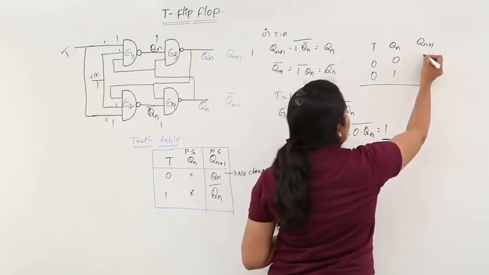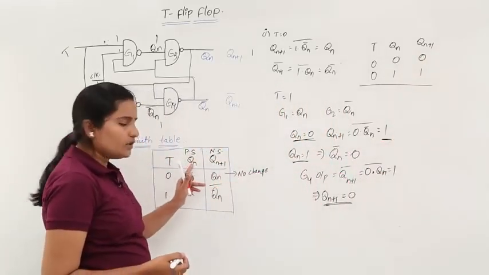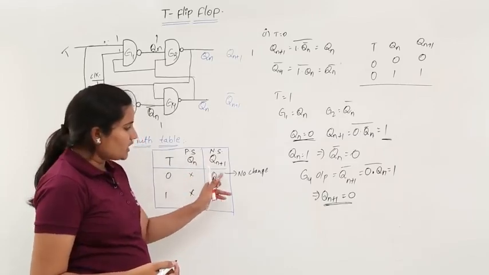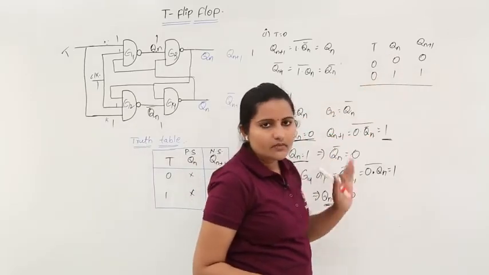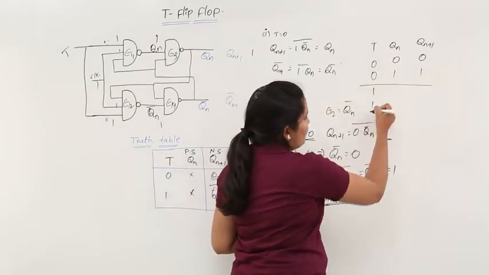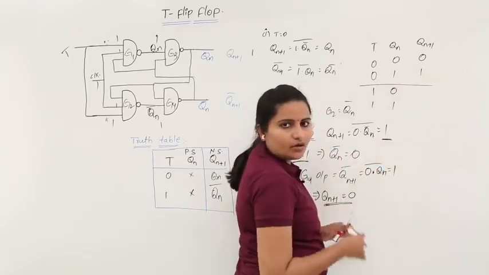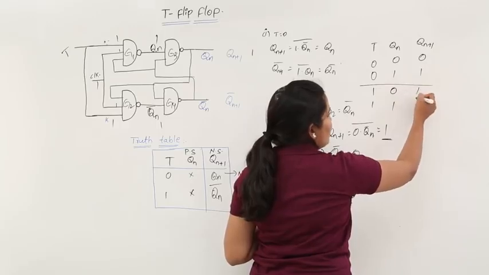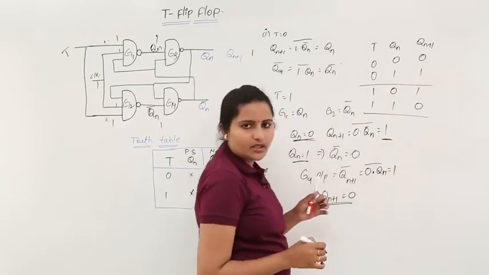In this case you are getting Qn, so Qn is either 0 or 1, and that same Qn you are getting at the output port. So, I wrote like this. In case of T equal to 1, the Qn may be either 0 or 1, and you are getting the complement of Qn; that means when 0 is there you are getting 1, when 1 is there you are getting 0. This is the expanded truth table.